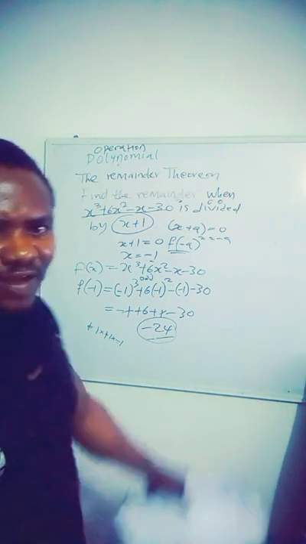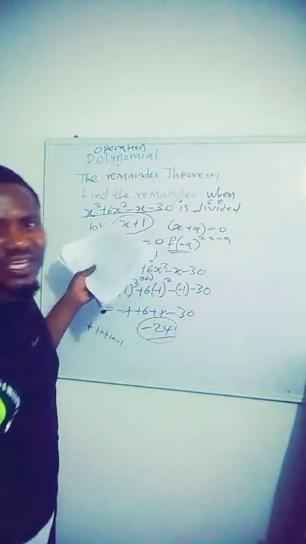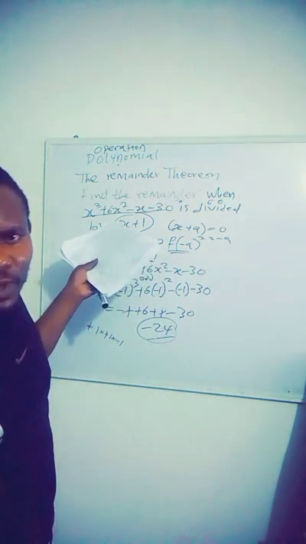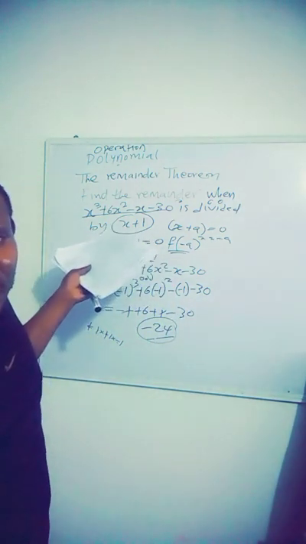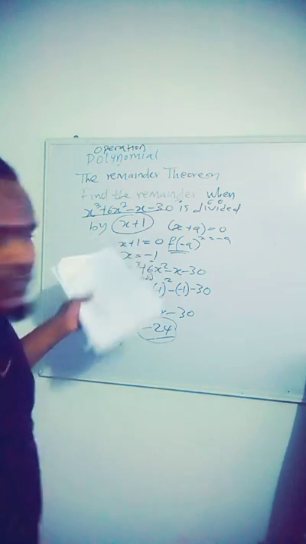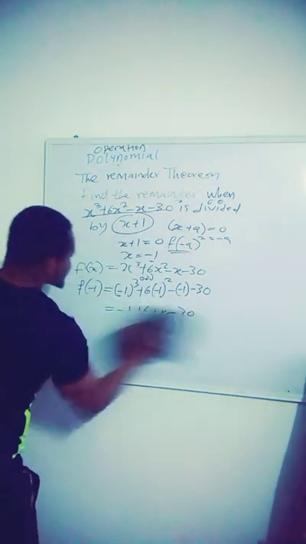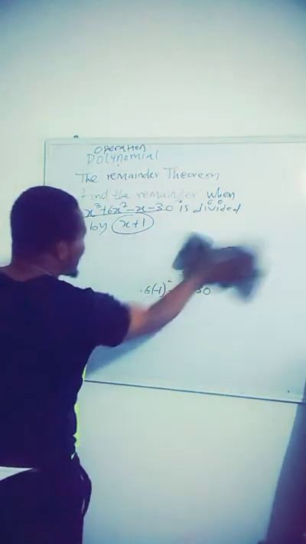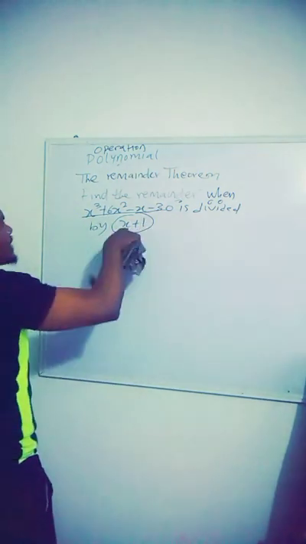Whenever you are finding a remainder and you are given a factor, let me repeat. Just equate the factor to 0. Now let me repeat this expression again. We are to divide this by this.